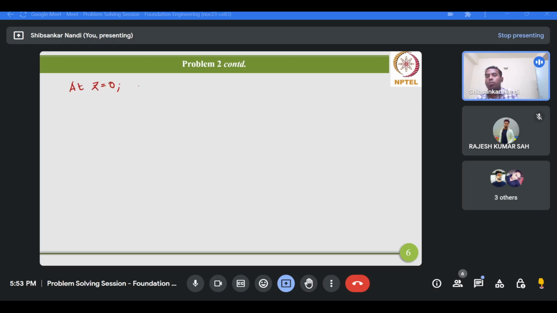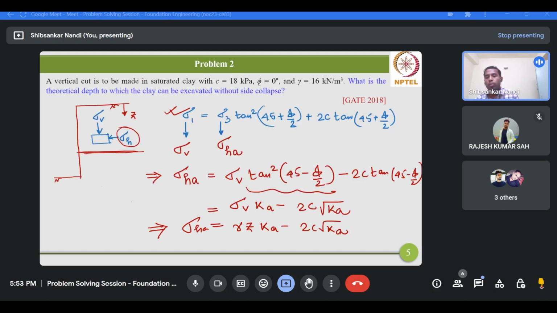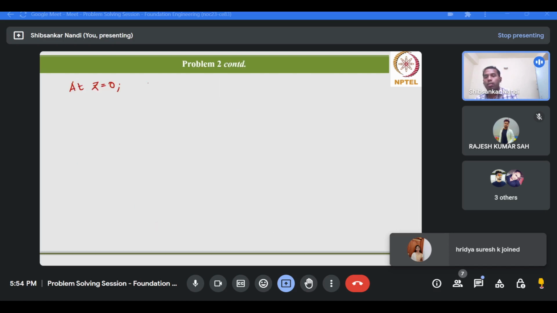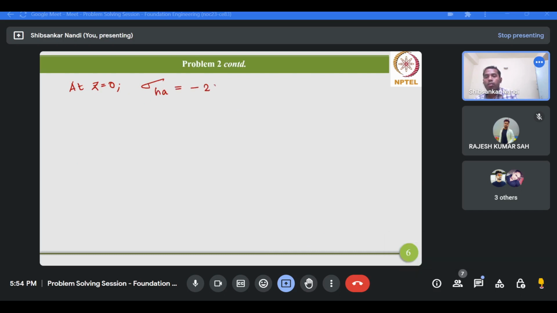Now at z equals 0, what would be the active earth pressure? So this value would become 0. Since z is 0, only the second term will be there. So therefore, this sigma HA will be minus 2c root Ka.